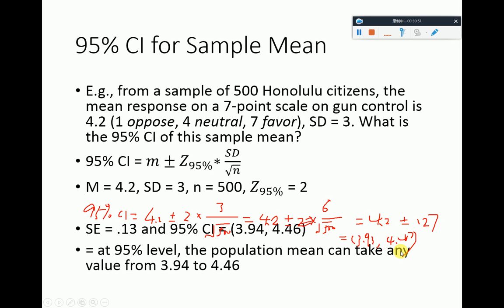Of course, if the value is above 4, then the population has an average attitude that's in favor of gun control. But critically, because the average attitude could also be as low as 3.93, which is below the neutral point in the direction of opposition, this population could also be against gun control, right?